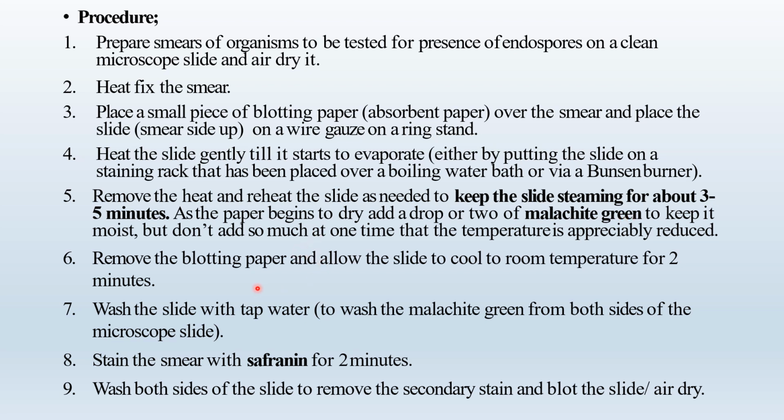Then the blotting paper is removed and the slide is allowed to cool at room temperature for 2 minutes, and then it is washed with tap water to wash the malachite green from the slide. Then the slide is stained with safranin for 2 minutes, and then the slide is washed from both sides to remove the secondary stain, and then the slide is air dried.